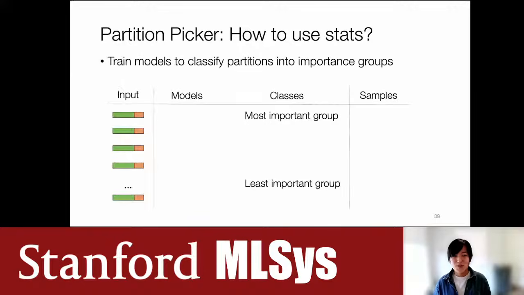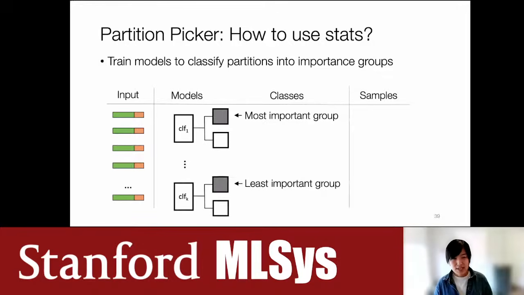What we did is formulate it as a learning problem. Instead of manually building the rules, we train models that take as input these feature vectors for each partition, and as output classify them into a few groups of varying importance. So we use a bunch of classifiers that group these partitions, and then we assign different sampling rates across these importance groups, so that we give more sampling budget to the more important groups and less to the less important groups.